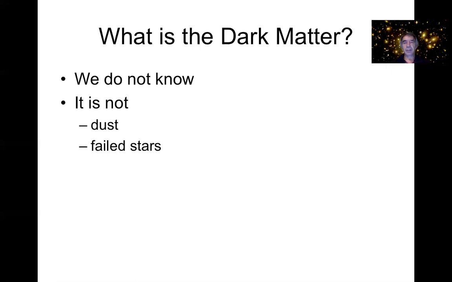We've come across in this module other objects that are dark and don't emit anything. We've touched in passing on the idea of failed stars, like what I would call brown dwarfs: stars that weren't quite massive enough to start nuclear fusion.